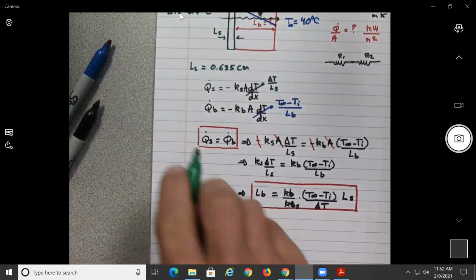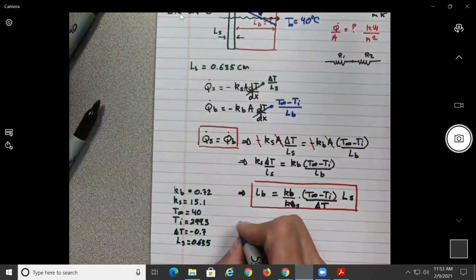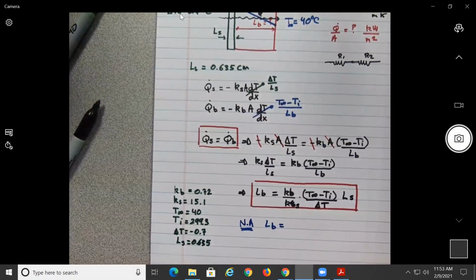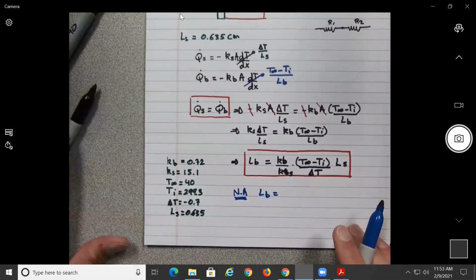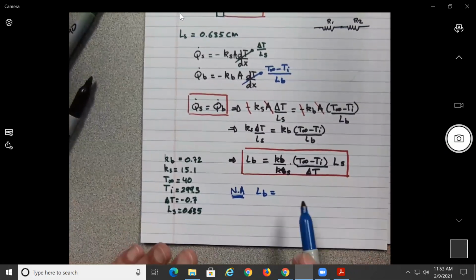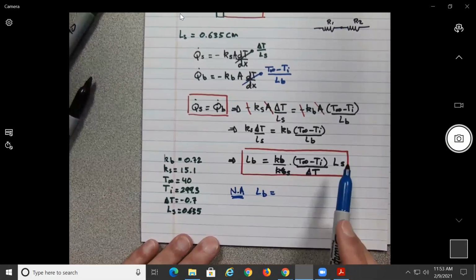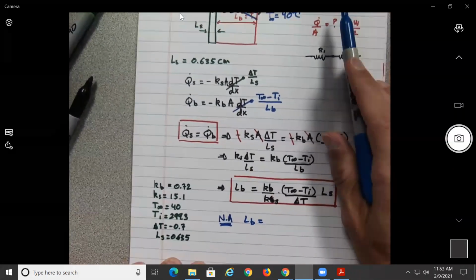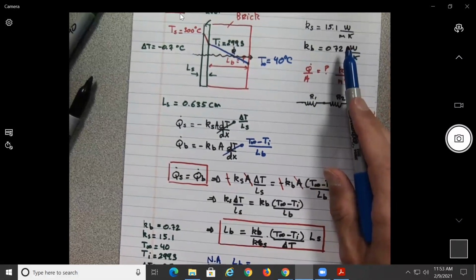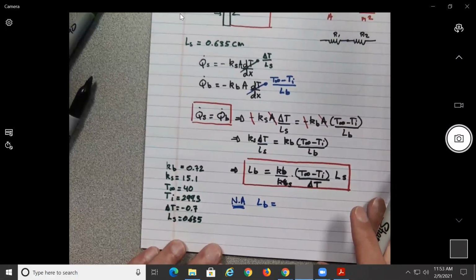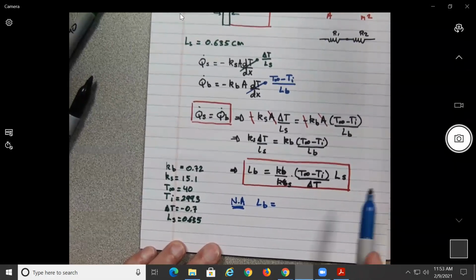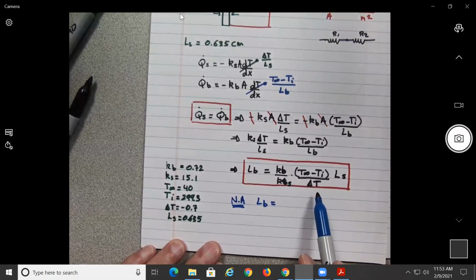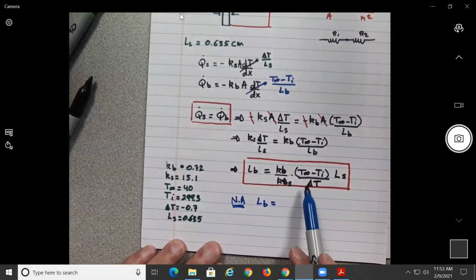If we do the numerical application here, guys, just be careful. Here they ask us to do the problem in centimeters, and K is given in watts per meter. Do we need to change the units? No, because the top one will cancel with this one, and the same thing for the temperatures. So we don't really need to change the units.